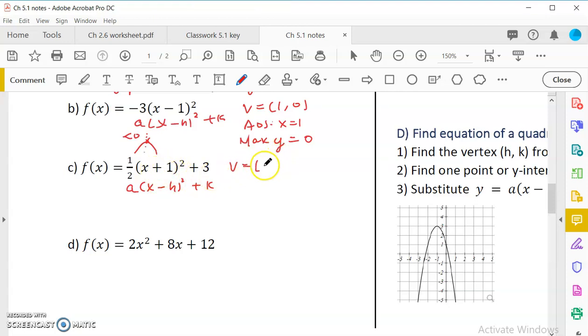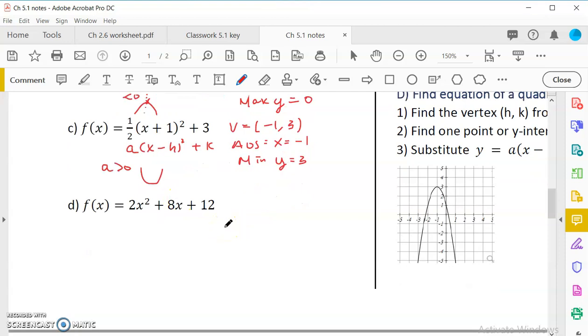So you flip it over, negative 1. 3 is k. And then my axis of symmetry is the one that goes through negative 1, x equals negative 1. Do I have a max or min? a is 1/2, which is still greater than 0, so it's still facing up. So I would have a minimum because I'm facing up. The y is 3, y equals 3.